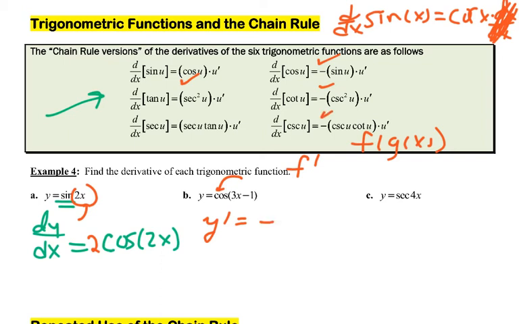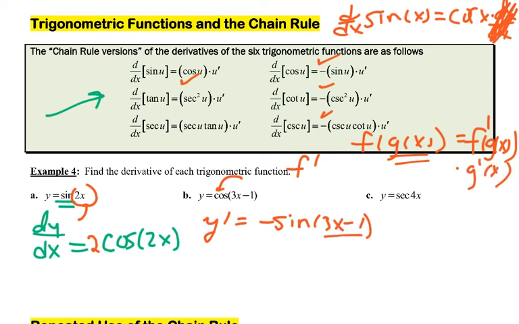So it's going to be negative sine of g of x, so it's equaling the outside's derivative while keeping the gum intact, times the derivative of the gum, or times du dx. Sorry, so that's going to be a 3. So I'd have a negative 3 sine 3x minus 1. This is just 2 links in the chain here.